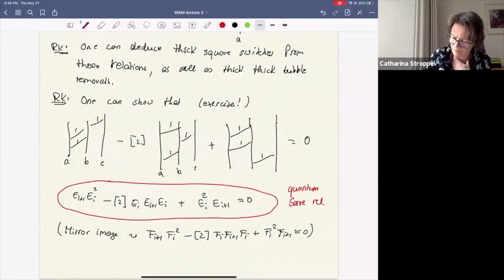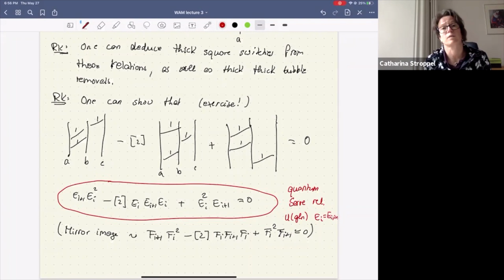So these would be then in U of GLN, the universal enveloping algebra, where this E_i is just a normal matrix unit. So this E_i is, in matrices, E_{i,i+1}, but viewed as an element in the universal enveloping algebra. And then this is the defining relation, which comes out. Make sense? Yes, thank you.